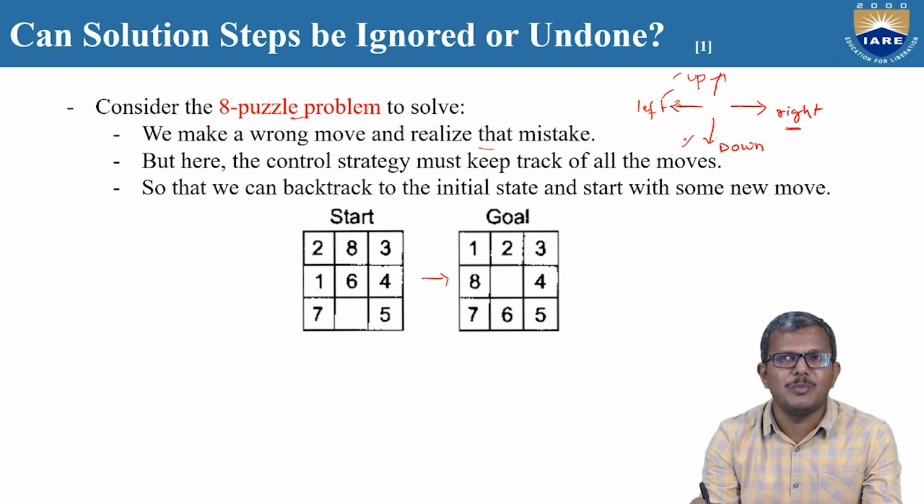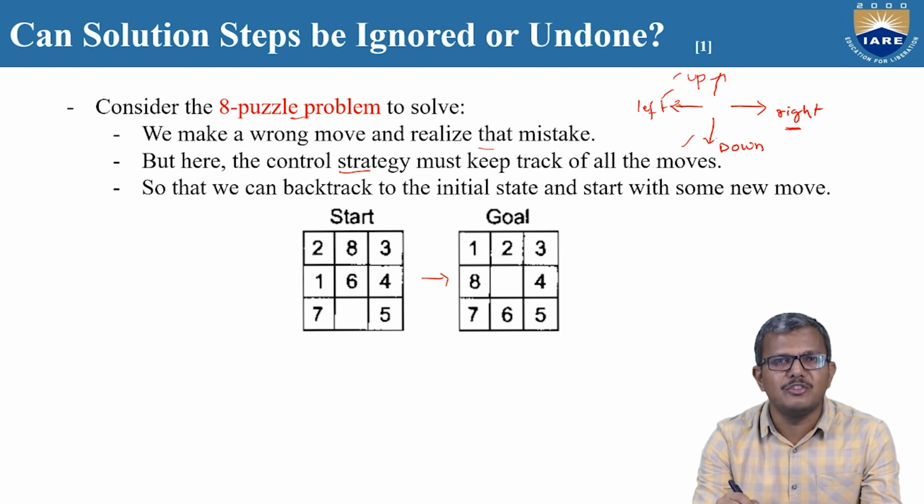But in this case, what happens? Until and unless you keep track of all your moves, whatever moves you are performing while solving this 8 puzzle problem, all those moves need to be tracked, that is, recorded. So the primary responsibility of the control strategy is to keep track of all the moves that we are performing while solving this 8 puzzle problem.